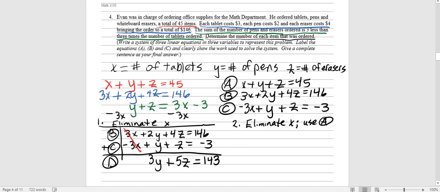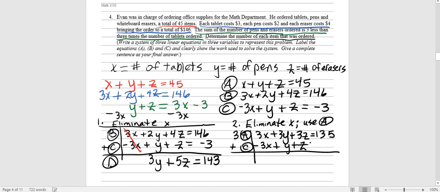I notice that the coefficient of x in equation A is 1, and I've got a negative 3x in equation C. So if I multiply equation A by 3, I will eliminate x when I add that equation to C. So the x terms are opposites and cancel out, and I'm left with 4y plus 4z equals 132. And that's equation E.